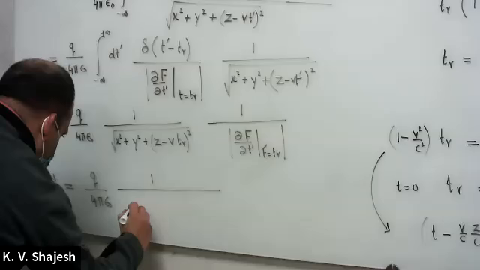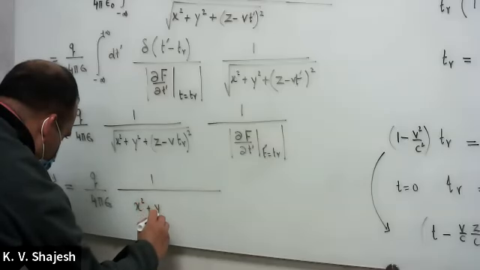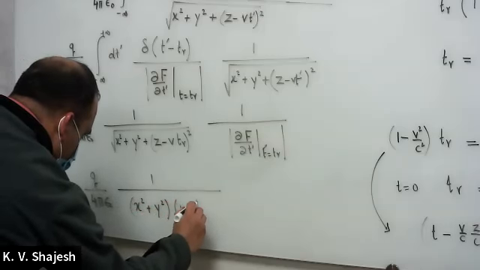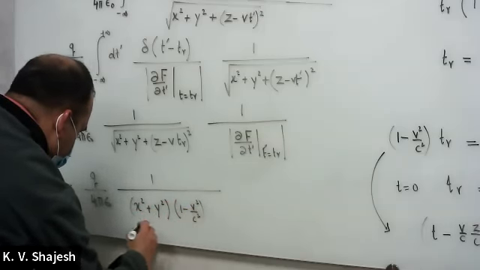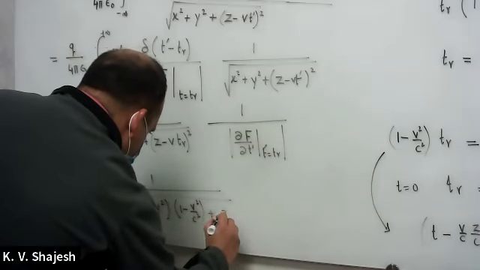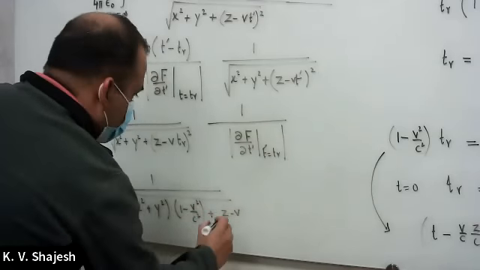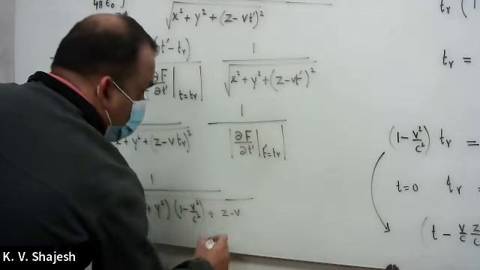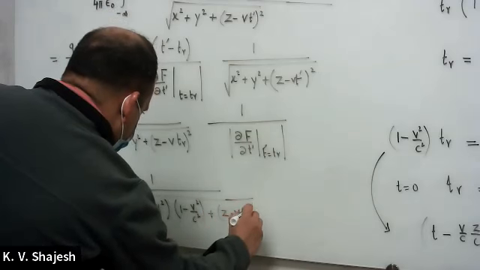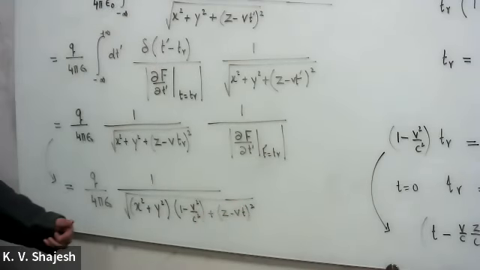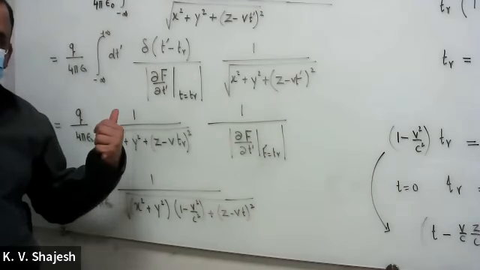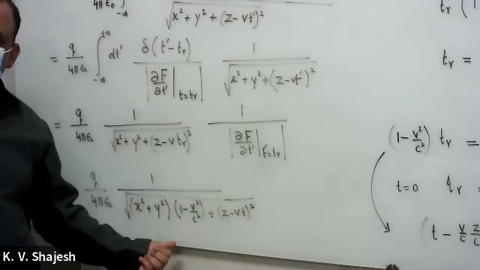Okay. So this is x squared plus y squared times 1 minus v squared over c squared. And this is much neater. Plus z minus vt squared. So if velocity was equal to 0, you get back your point potential, right?